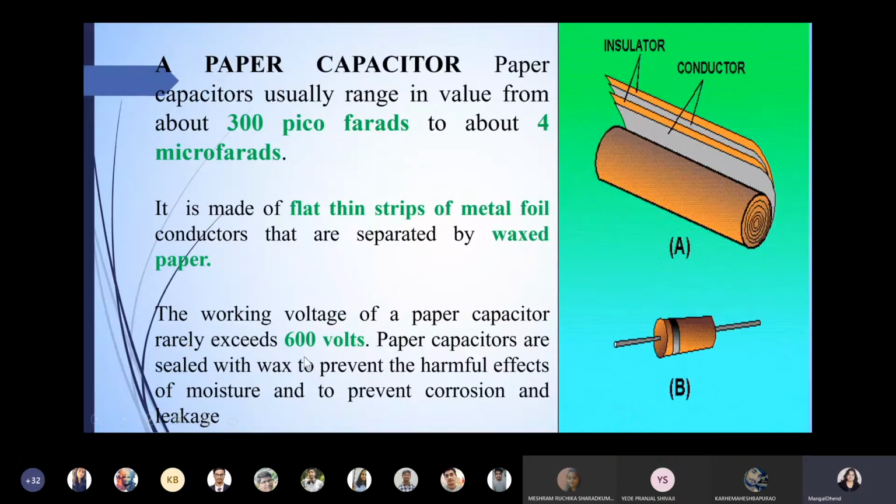Normally we use only 230 volt, but here paper capacitor you can use up to 600 volt. But if you want to exceed capacitor more than 600 volt, then you have to use oil as a dielectric material. Paper capacitors are sealed with wax to prevent the harmful effects of moisture and to prevent corrosion and leakage.